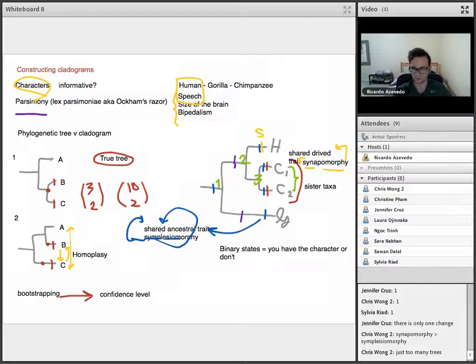So take into account all the possible changes and all the ways by which the changes are going to be shared, ways that have nothing to do with just this branching and speciation, but they have to do with migration and gene flow, etc., etc. That just complicates the matter.